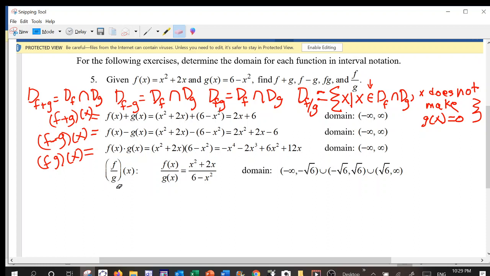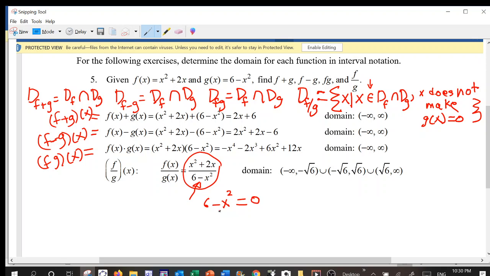Okay, f over g of x is different because f over g, the domain here, before we simplify, if possible, for right now there is no simplifying, but the domain is not all real numbers because this denominator cannot be 0. So that means 6 minus x squared, we set it equal to 0.